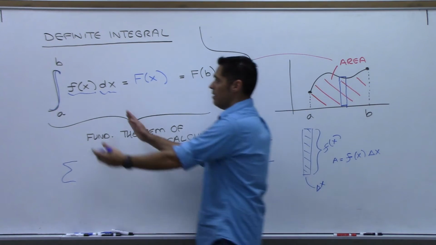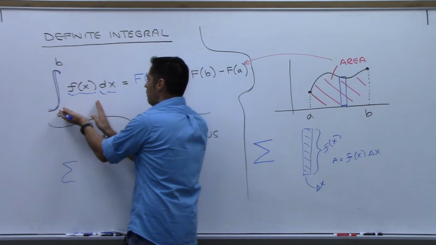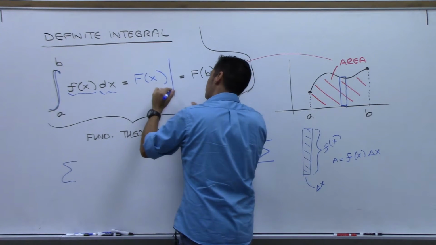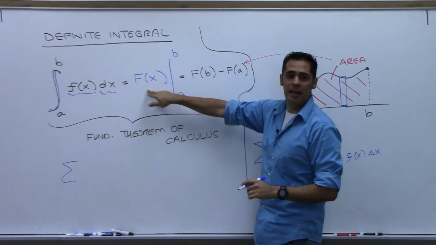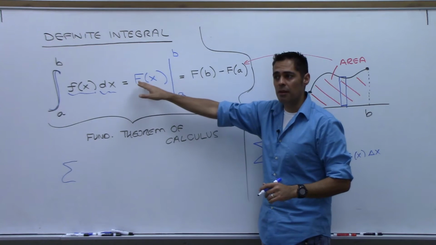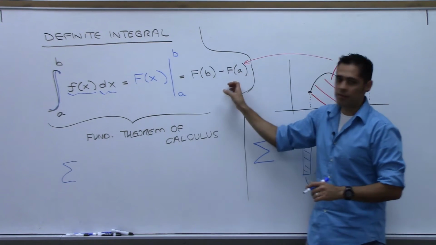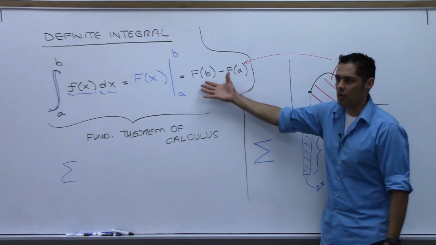Someone wants us to find the area under this function between a and b. First I'm going to find the antiderivative. And then next to it, I'm going to put a bar, with b and a. This just reminds me that once I find the antiderivative, I need to plug b into it, and then plug a into it, and subtract the answers. So this symbol means this. It's notation. That's all that is.